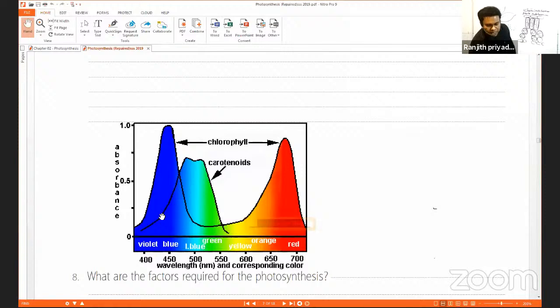It is very high in blue light and red light. Minimum absorption can be seen in green color. That's why green light is reflected by the chloroplasts and chlorophyll pigments. Okay, I think that's clear for you. Thank you for your question. Okay, now I'm going to stop the share.